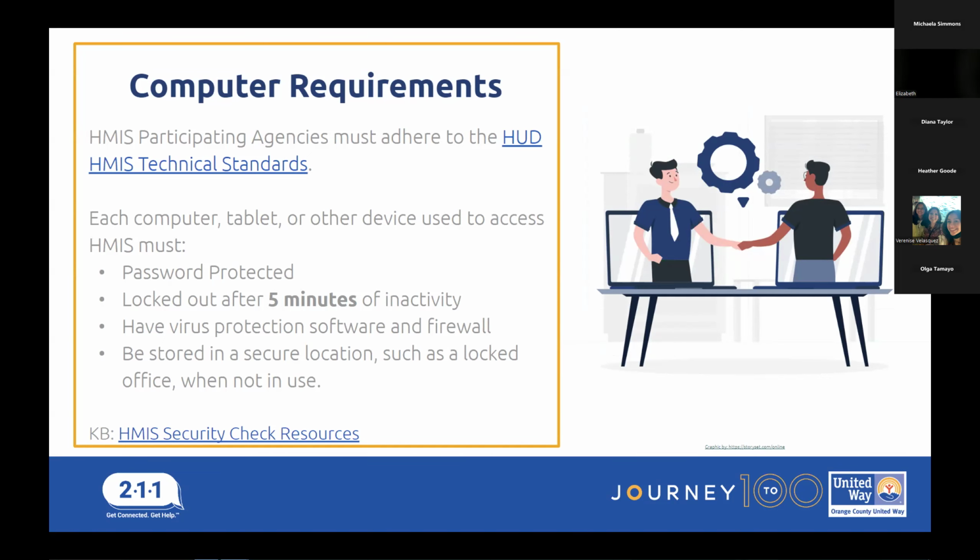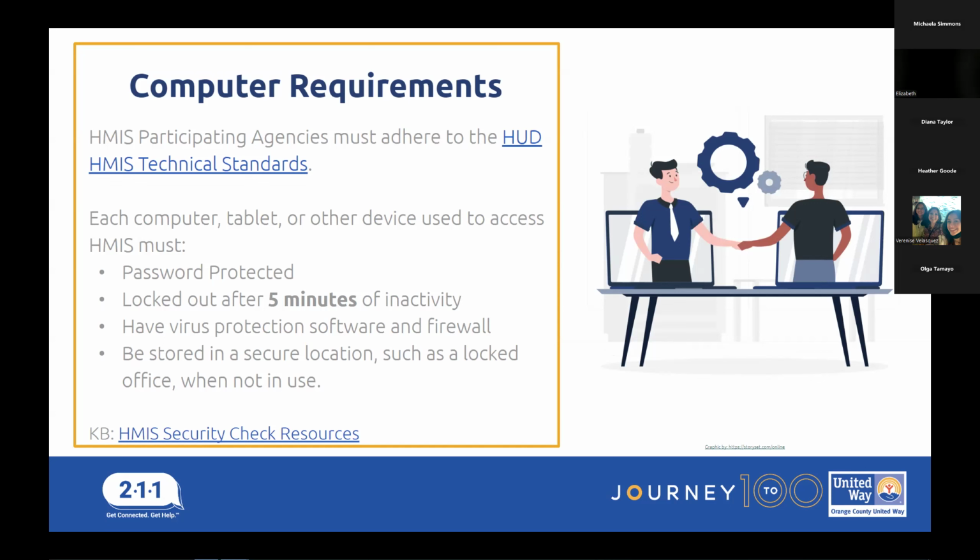HMIS participating agencies must adhere to the HUD HMIS technical standards. Each computer, tablet, or other device used to access HMIS must be password protected. Login credentials cannot be displayed in public areas, meaning that your username and password should not be written on a Post-it note and stuck on your desk for anyone to see.